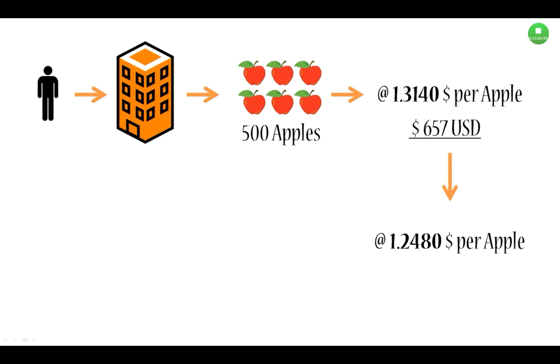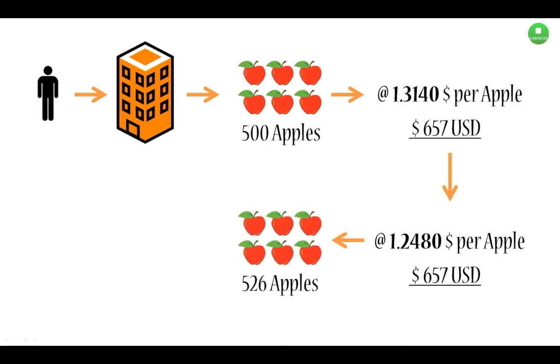So once the price for apples drops and it hits about 1.2480 American dollars per apple, guess what? You still have those $657 that you got in exchange for your apples a couple of days or weeks earlier. So what are you going to do with these $657 now? Well, you're going to go and you're going to buy back apples.